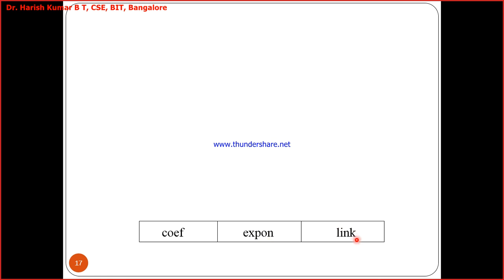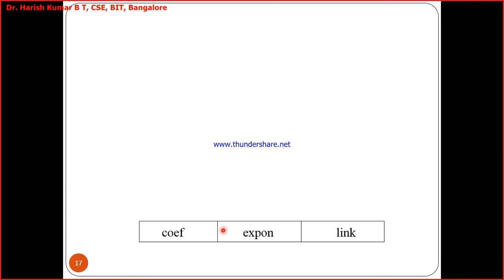Have you understood? Till now, what we understood was a node with two fields, an info field and a link field. Now I have three fields here. So I should create a node with how many fields? Three fields. One for holding the coefficient, another for holding the exponent, and one more for holding the link.